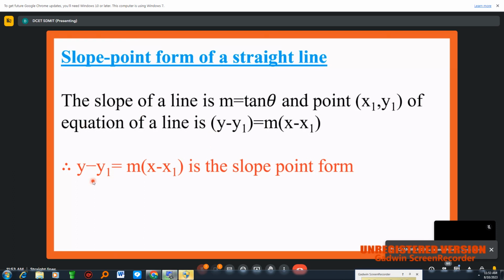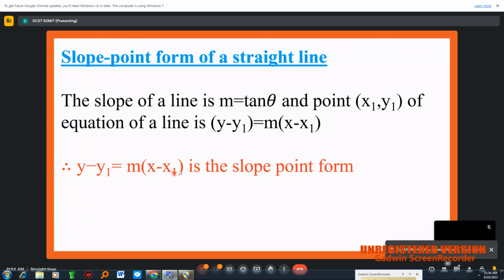So now then the equation it is y minus y1 is equal to m into x minus x1. This is called as the slope point form. You should know this equation.